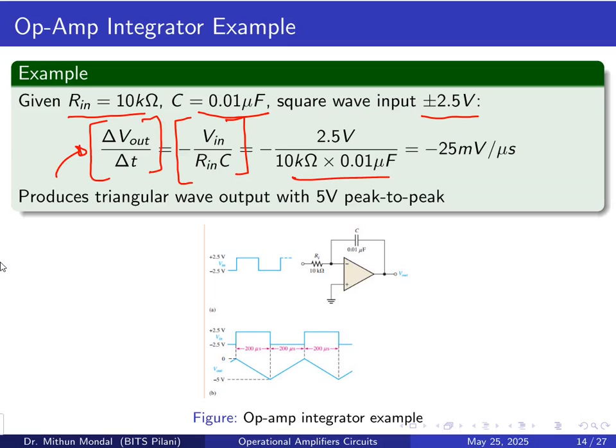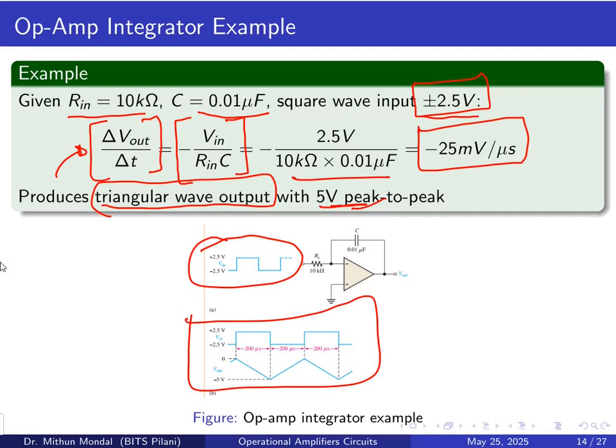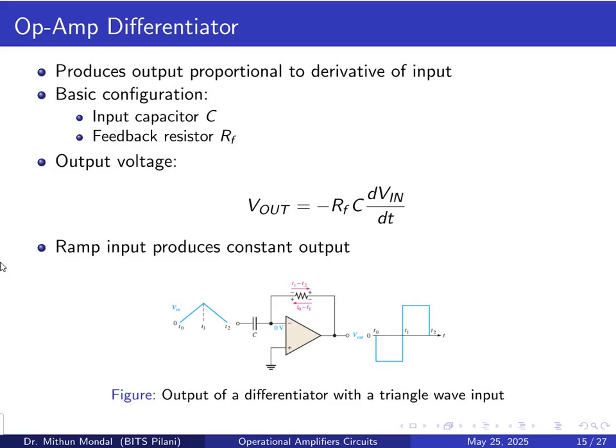If you substitute these known values, we get minus 25 millivolt per microsecond. So the output that we get is a triangular wave with 5 volt peak to peak. The input that we are giving is a square wave of plus minus 2.5 volt and the output that we are getting is a triangular wave of 5 volt peak to peak. So this is the integrator example.